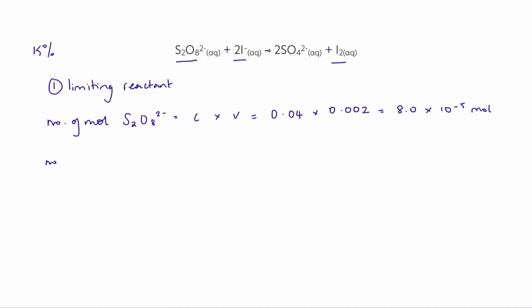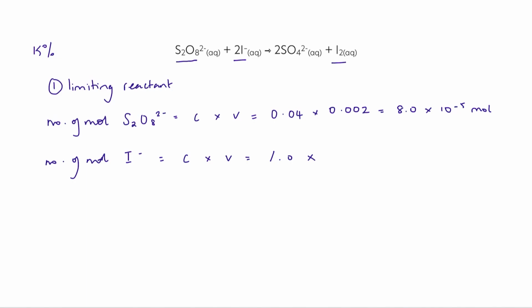Well, the number of moles of the iodide ions once again equals concentration times volume. Well, my concentration was 1.0 mole per decimeter cubed, and my lowest volume would have been 1 centimeter cubed.